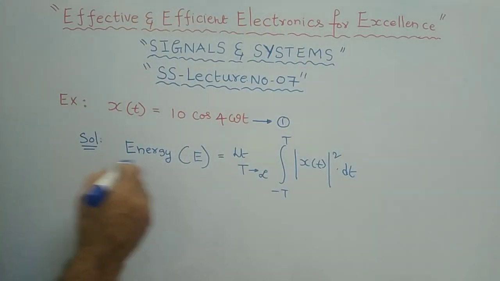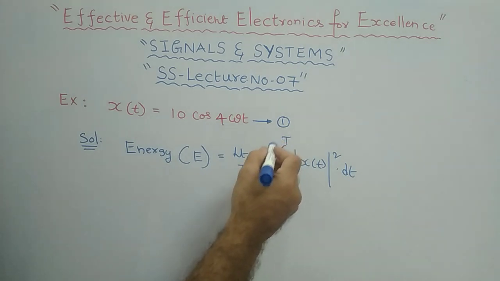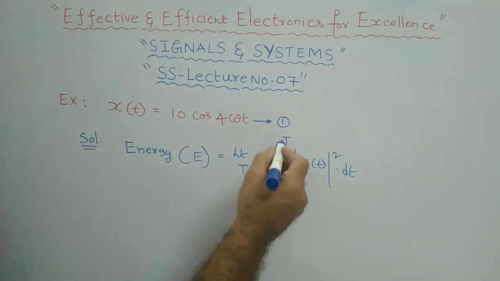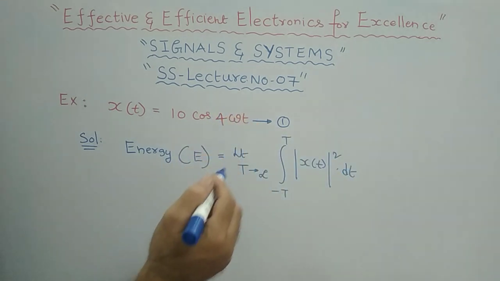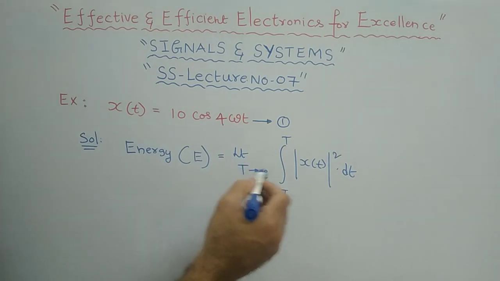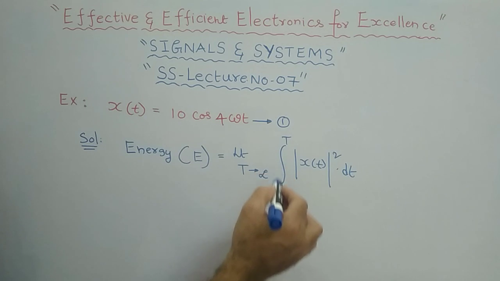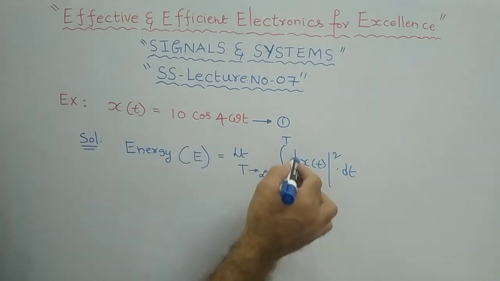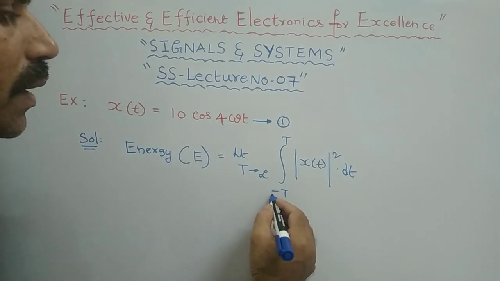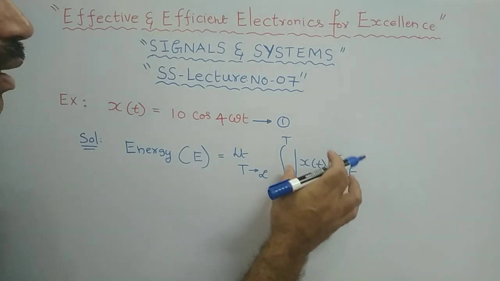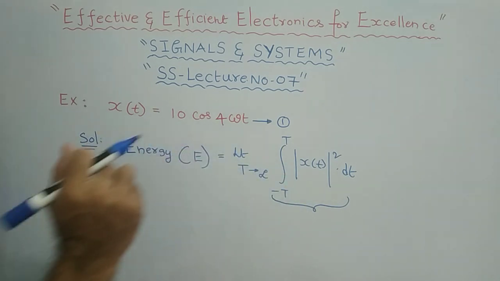So energy E is equal to limit T tends to infinity of the integral from minus T to plus T of magnitude of x of t square dt. Let us first calculate the integral part, the integral from minus T to T of magnitude of x of t square dt. You evaluate this integration first, and after that you substitute T tends to infinity in the obtained value.